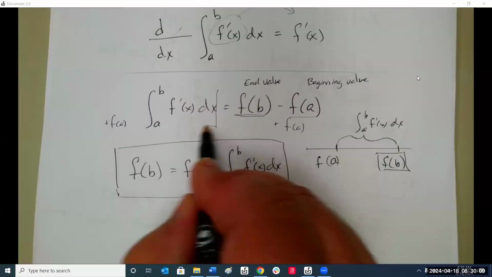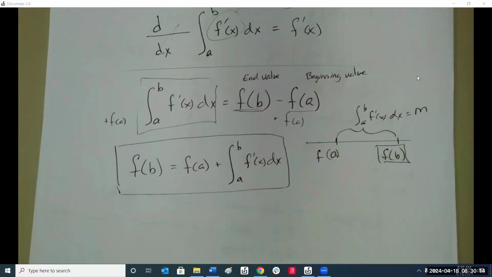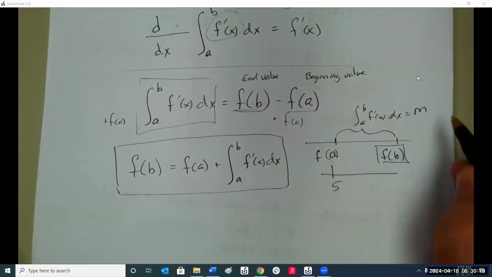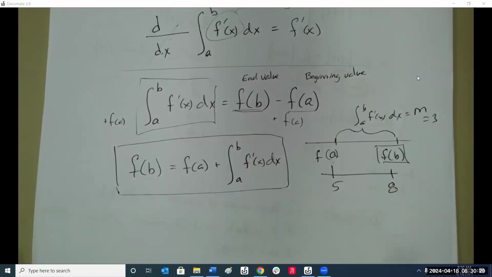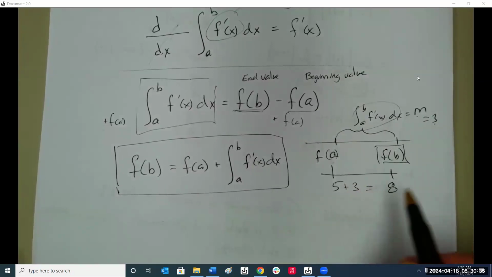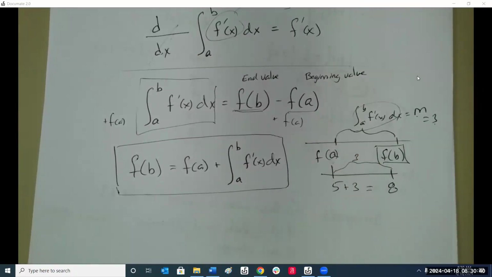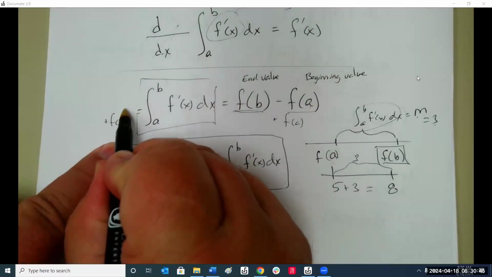Because this is the width between the two. Let's call that m. So if I start off at 5 and m is 3, what's the next one going to be? Because if my integral, my m, is 3, that means this distance is 3 units wide. f of b minus f of a equals m.